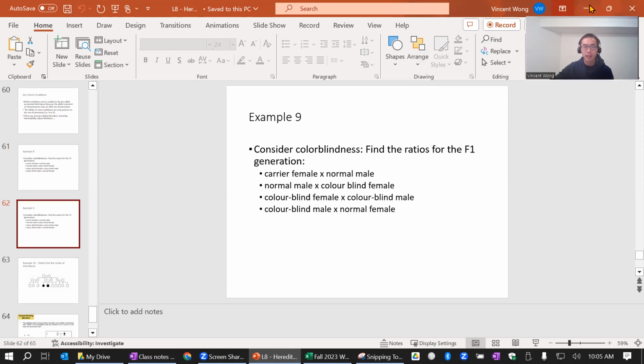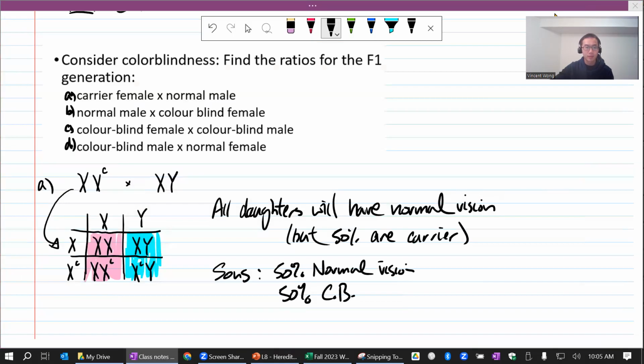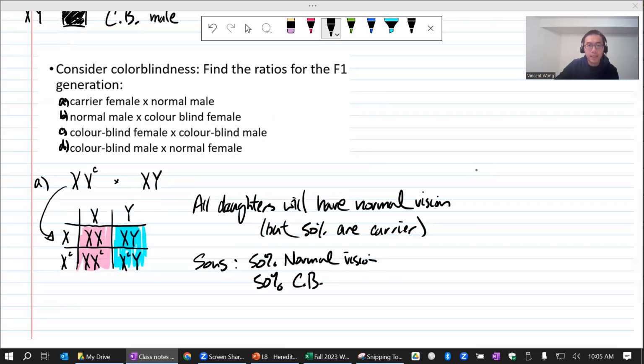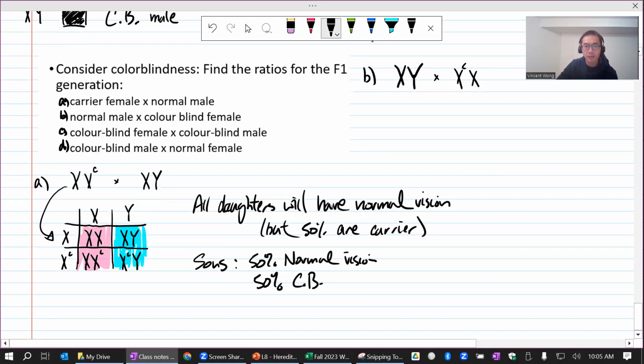Oh, examples 8 and 9 are the same thing. It doesn't matter. Okay, let's do one more together. B. Normal male with colorblind female. That's the normal male. Colorblind female.